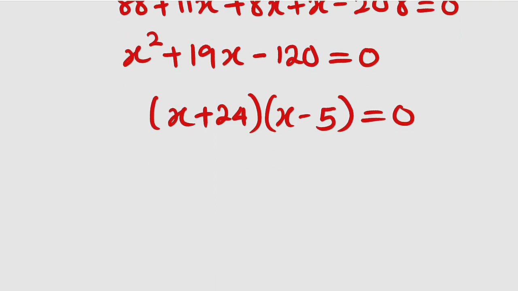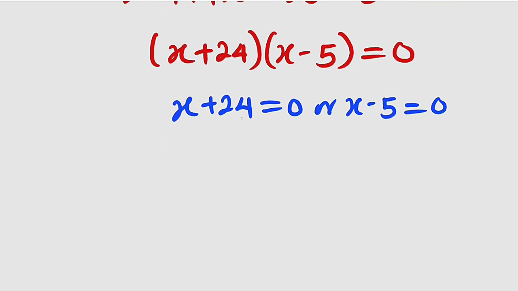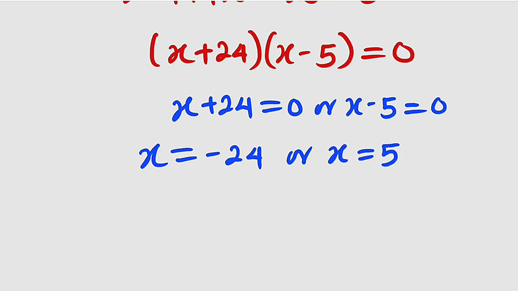Set each factor equal to 0. It implies either x plus 24 equal to 0 or x minus 5 equal to 0. So take 24 to the other side, we have x equal to negative 24. Or you take the 5 to the other side, it becomes positive. So x is either equal to negative 24 or 5.